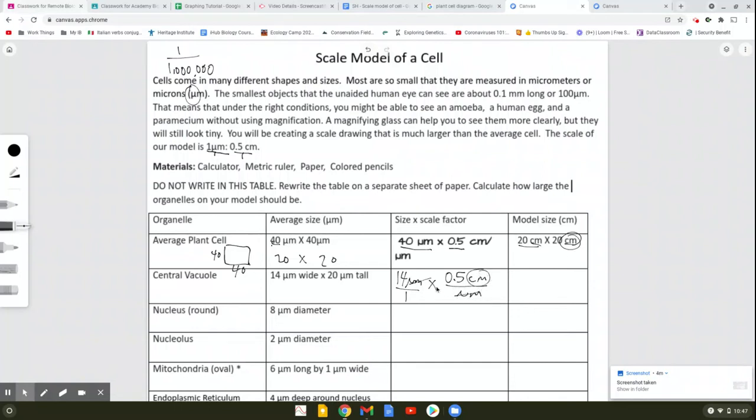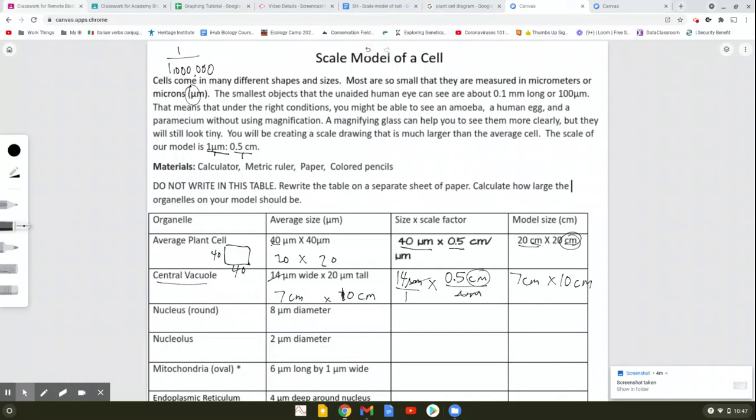We're left with centimeters, and 14 times 0.5 is 7. So this 14 becomes 7 centimeters, and the 20 becomes 10 centimeters. So 7 by 10 centimeters. You're going to draw this central vacuole that size.